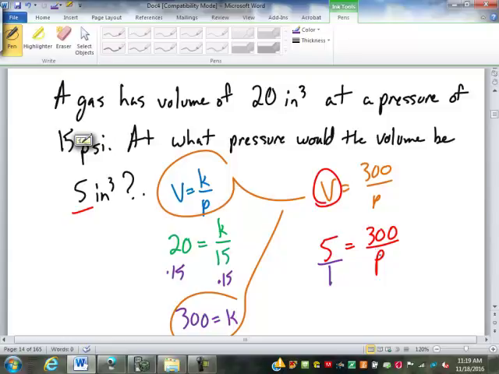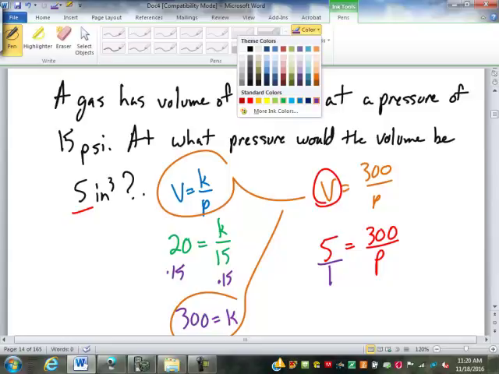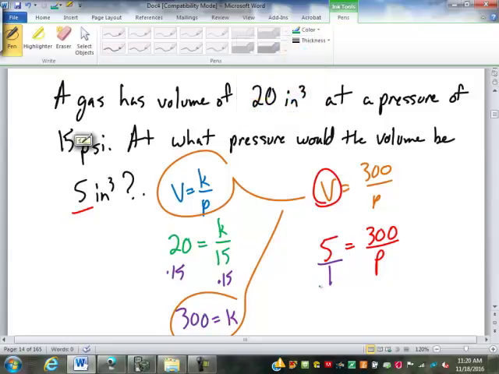Make one fraction equal another fraction, or one ratio equal another ratio. Then we can solve that by cross-multiplying. 1 times 300 is 300, and dividing by the other one, divided by 5, which gives us P equals 60. So at a pressure of 60 psi, we would have a volume of 5 cubic inches. Any questions?